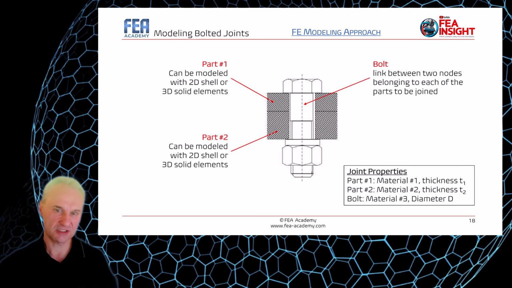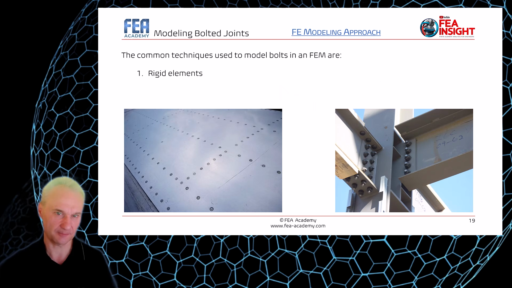The load distribution in the joint depends on the geometrical and material properties of the joint parts, but also on the stiffness of the fasteners connecting the parts. So the accuracy of the joint analysis is highly influenced by the fastener modeling technique.